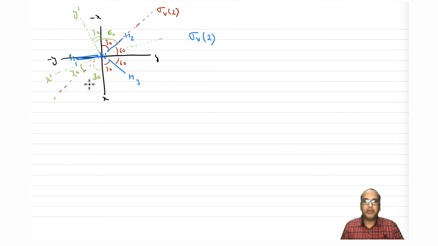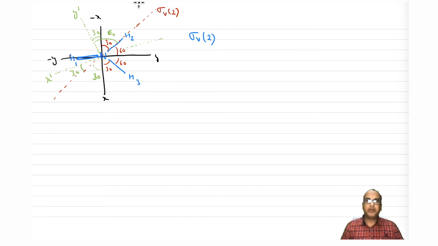This has to be equal to this angle. Again, the angles are not drawn to scale. If you actually draw it to scale, you'll see that it is much easier to look at. All right. So now we have defined the new axis system x prime and y prime, which comes as a result of reflection by sigma v2.